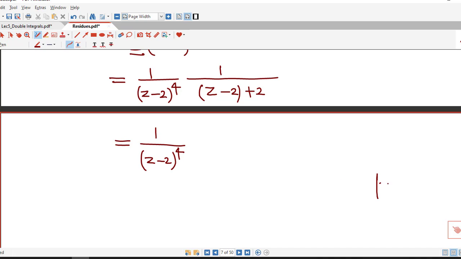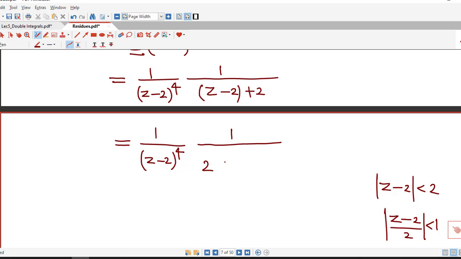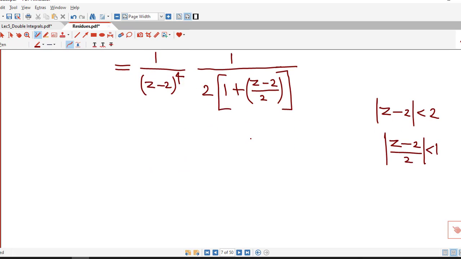Now |z - 2| is less than 2, so therefore |z - 2|/2 is less than 1. So we can take this 2 common, and this we rewrite as 1 plus (z - 2)/2. If we multiply with 2 we will obtain 2 + (z - 2).